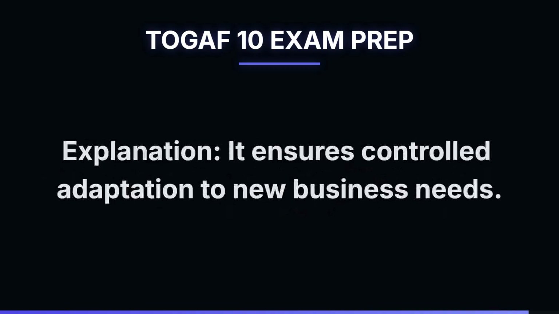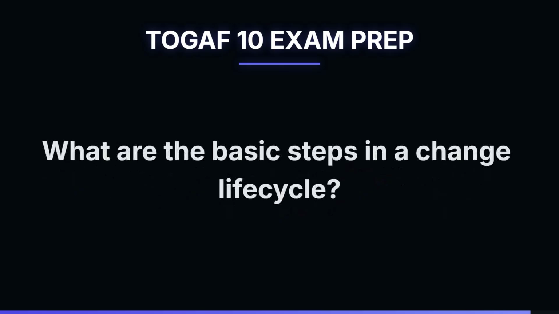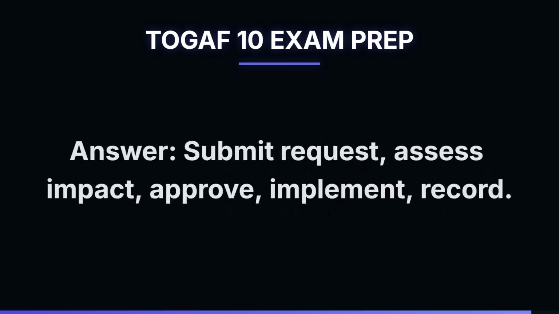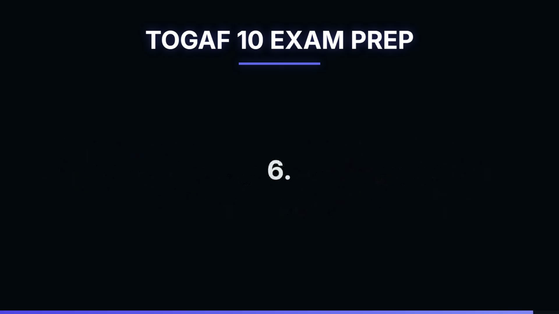It ensures controlled adaptation to new business needs. 5. What are the basic steps in a change lifecycle? Submit request, assess impact, approve, implement, record. Structured steps maintain control and traceability.